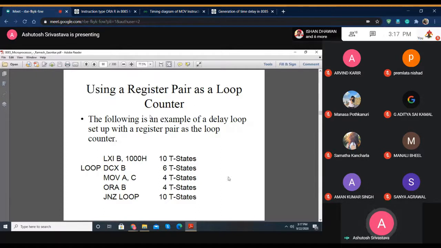So first of all, you need to calculate the overall delay, which is the sum total of the outer loop plus the inner loop. 24 T states are inside the loop and 10 are outside, so 24 into 10 minus 3, and on the last one 3 will be deducted and 10 will be added, so it is equal to 247 T states.